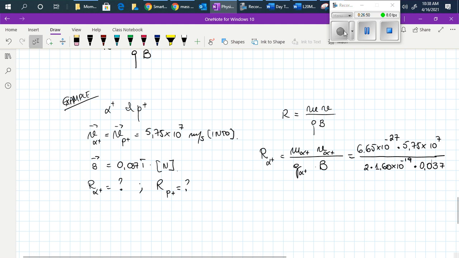Let's enter this in the calculator and see what the radius of the alpha particle is. It is 32.30 meters.